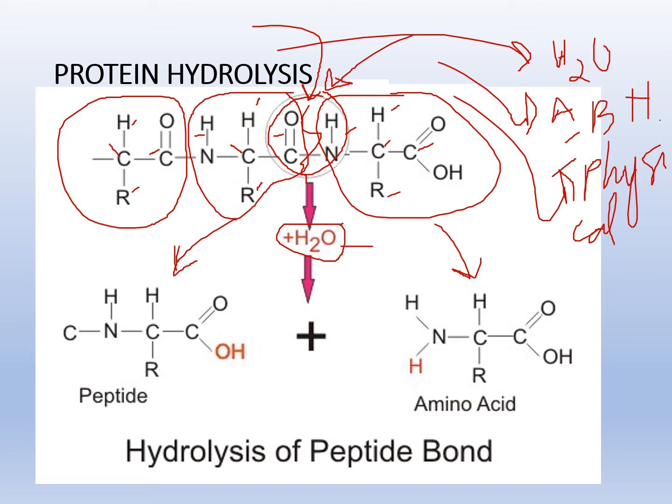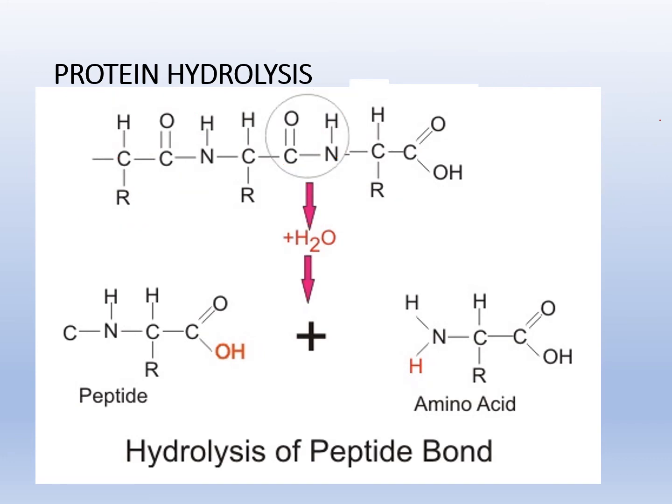But basically, protein hydrolysis and all other types of hydrolysis make use of water molecules. So with the use of chemicals or physical methods plus the water molecule, we are now able to break the peptide bond, releasing this amino acid.